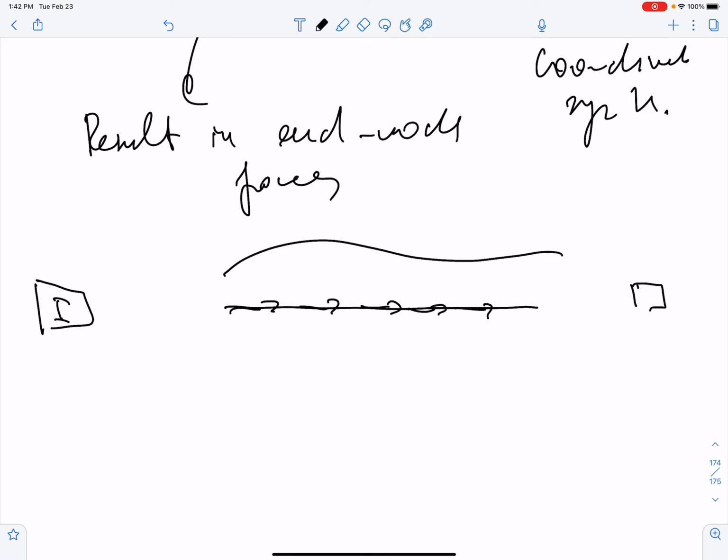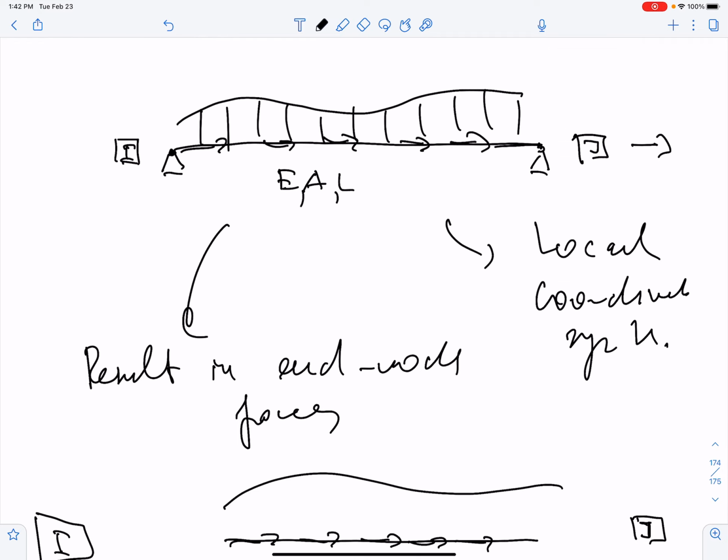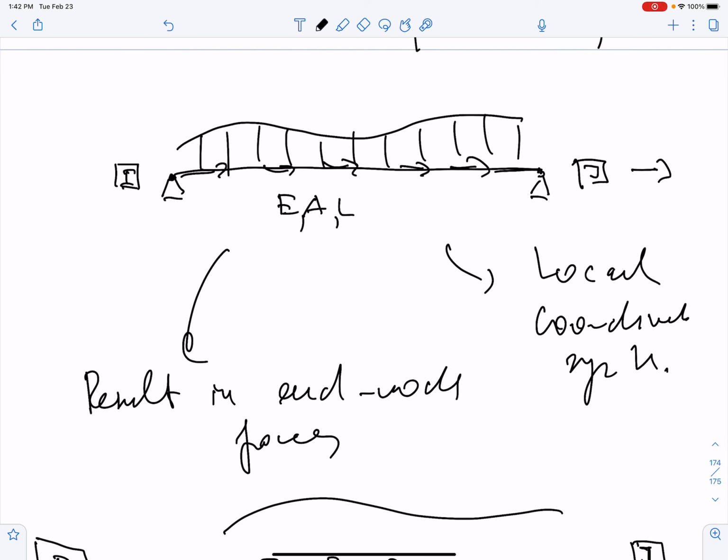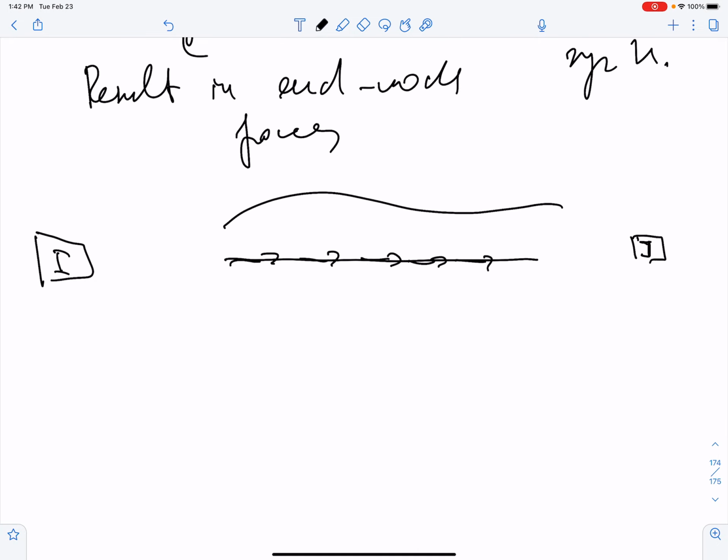This is a node J, okay? All right. Then this distributed load will cause end node forces, okay? And these end node forces I'm going to denote by f-prime f, okay? Prime, because it's in a local coordinate system, and f, because they don't come from end node displacements, but they come from a distributed load, some kind of equivalent nodal force that results from an application of a distributed load. Think of it this way, okay?